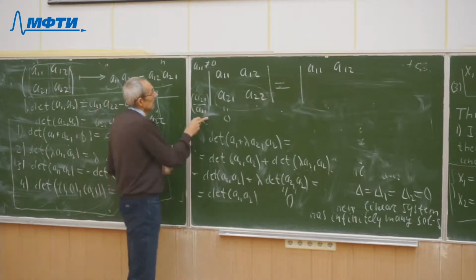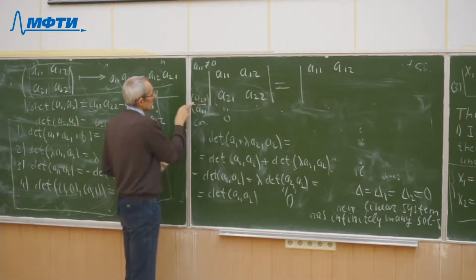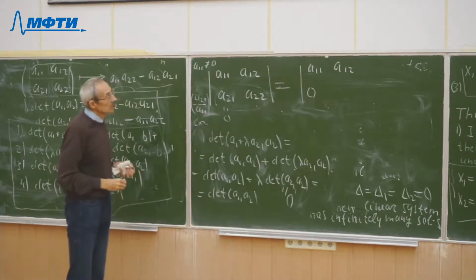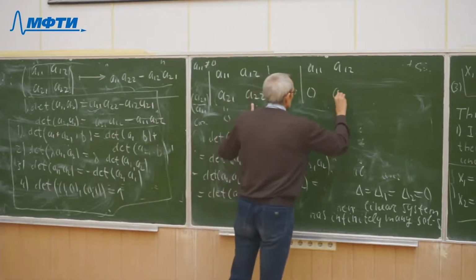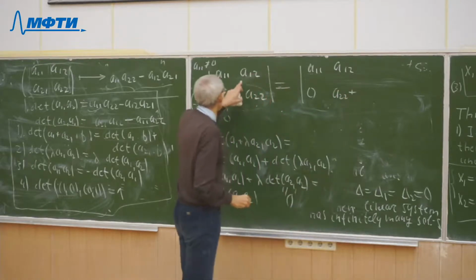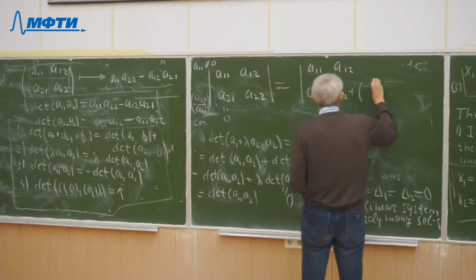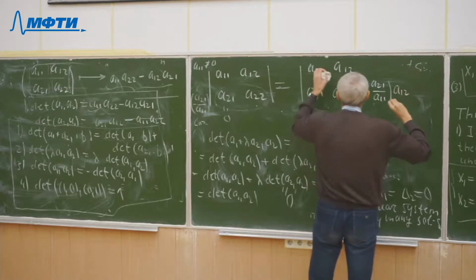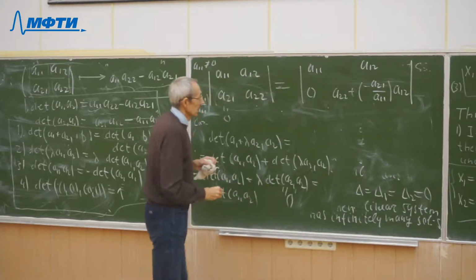I add to the expression A21 the expression minus A21, and after this addition I obtain 0, and to A22 I add the product of these two expressions.